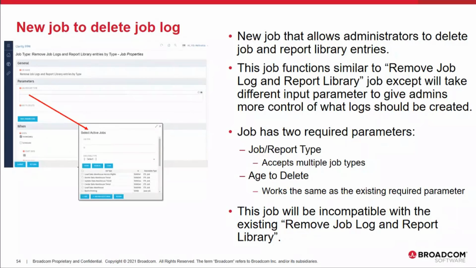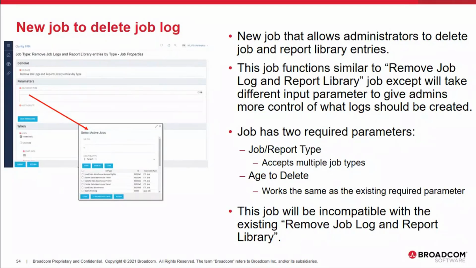So starting this release, we are introducing another job, which would work similar to the current job, but it'll take two required parameters. The first one is going to be the job report type, and it'll accept multi-value job names. So essentially you can pick one or multiple job types, and we will then only delete those selected jobs for the age that you specify, anything older than whatever age you specified to us.